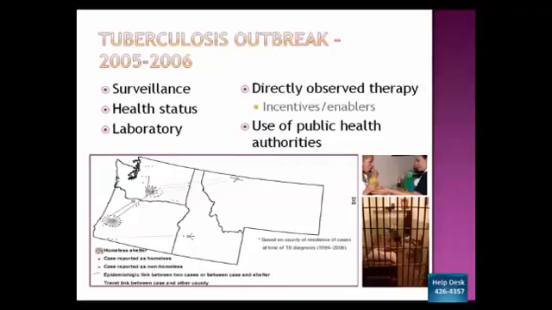So looking at health status, the majority of these people, actually I could probably say all of them, had either a mental health issue or a substance abuse issue. And a lot of times they end up having both. And so their access to medical care is very limited.